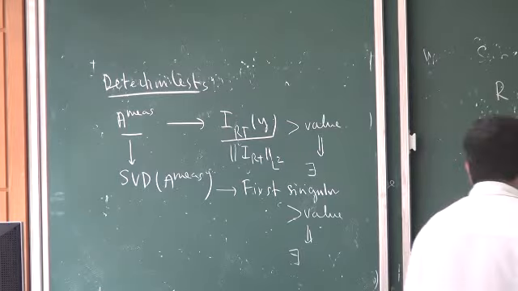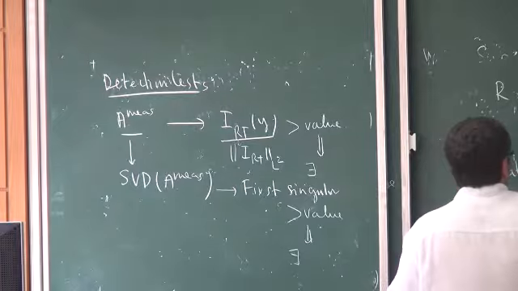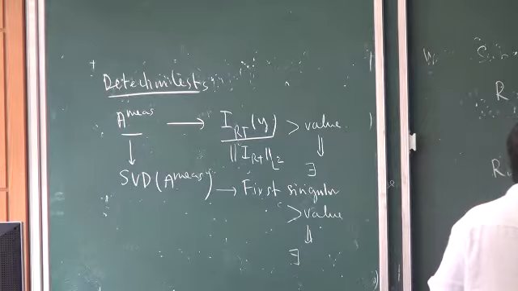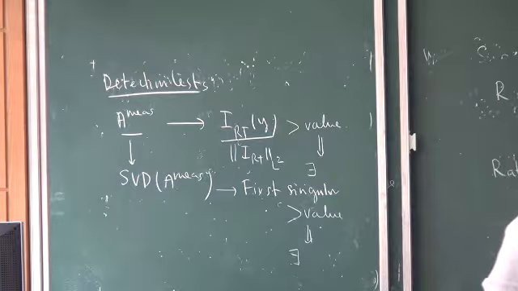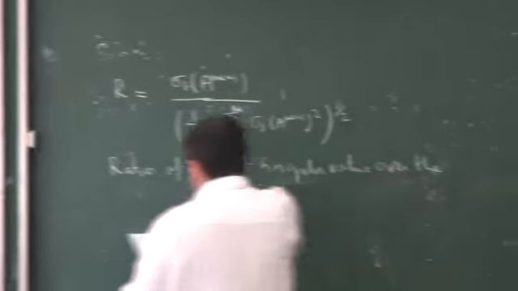This R is the ratio of the first singular value over the L2 norm of the others.